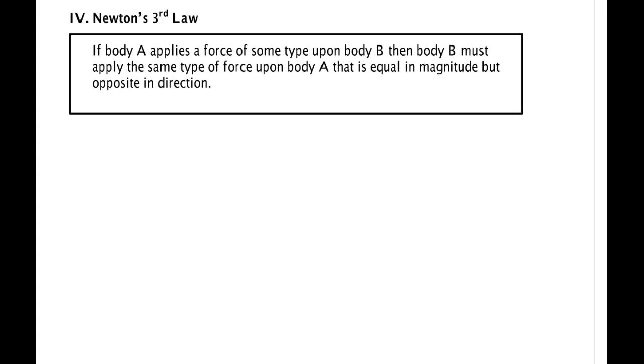If body A applies a force of some type upon body B, that means there needs to be two bodies, and those bodies need to be interacting in some way. So for instance, let's say there's a block, and that block maybe is setting on another block. Maybe this block.